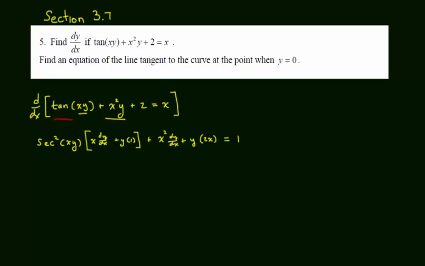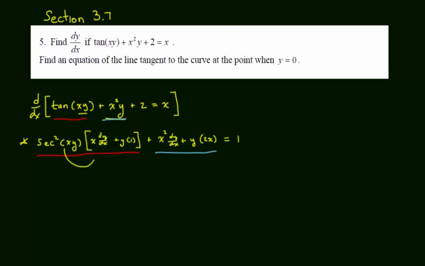So the derivative of this part was all of this, and the derivative of this part was all of that. So now we're ready to do the algebra portion of this. If this entire problem 5 was worth 25 points, this line of information would have been worth 10.